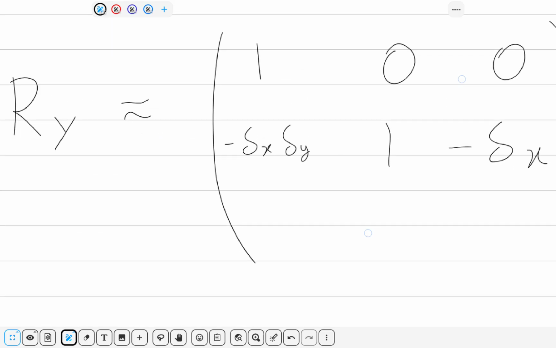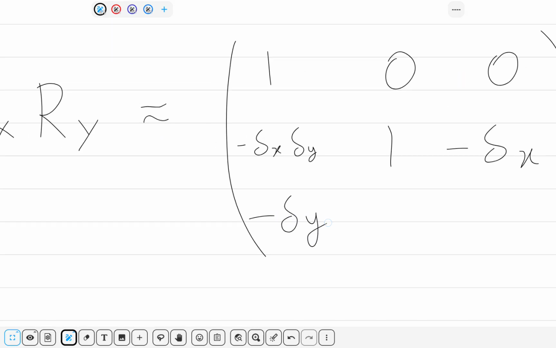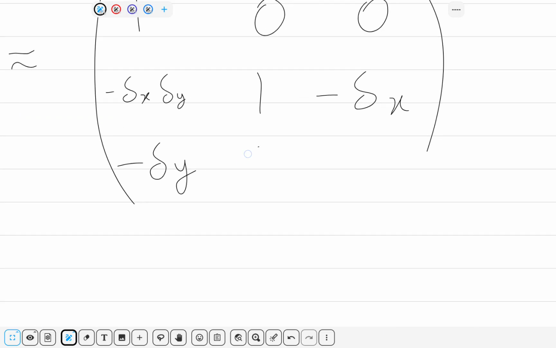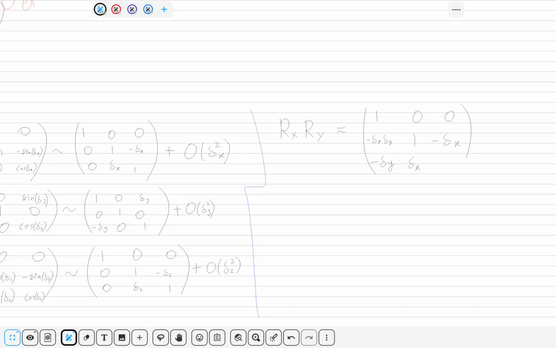Minus of delta y. It's very difficult to write. Delta of x, and finally it will be a 1.